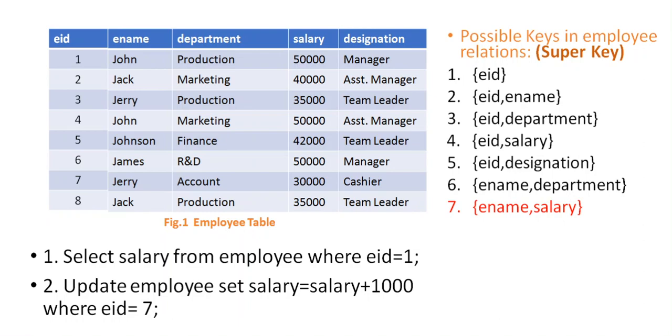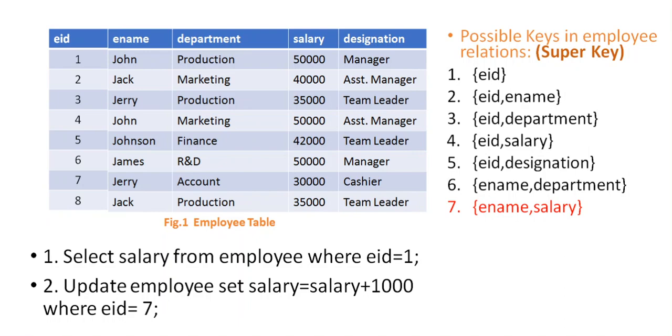Now next, let's take the example of another set, ename and salary. Here when we look at ename and salary, take one set: John and salary is 50,000. Now we have another entry for John with the same name John, who is working in the marketing department, but his salary is again 50,000. So we have two sets for ename and salary with the same values.